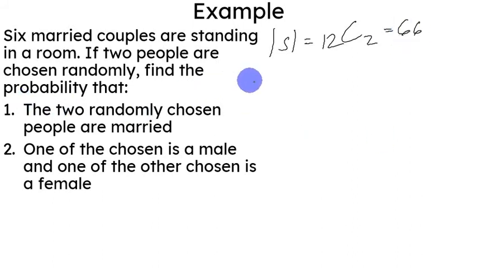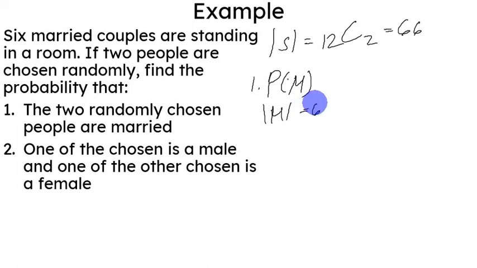For our first event, the 2 randomly chosen people are married. So the probability that we are going to get a married couple, we know that the cardinality of married couples would be 6.